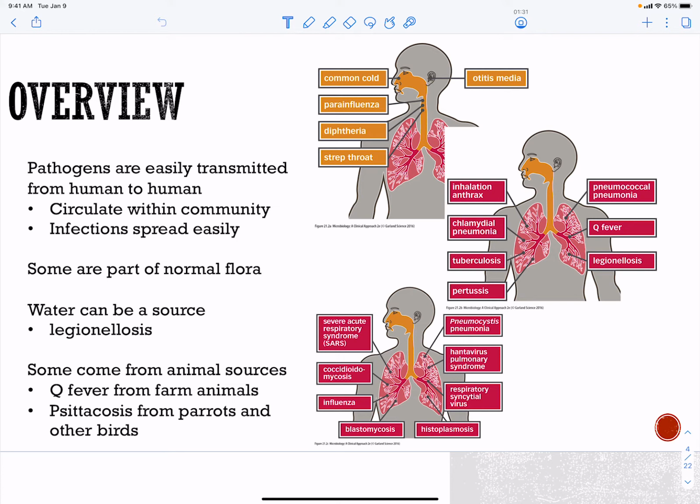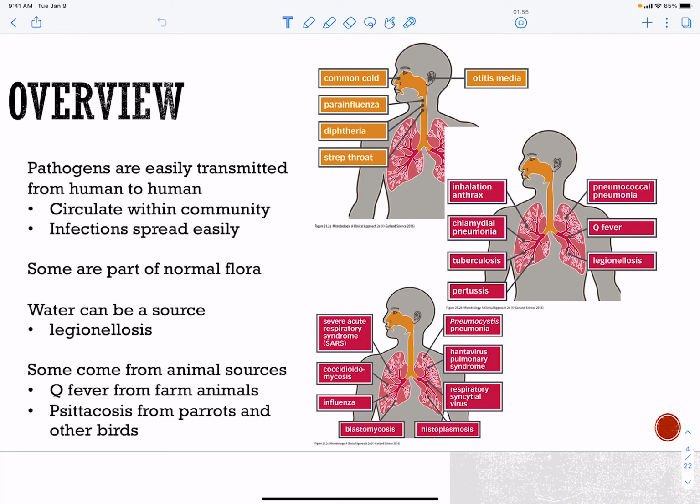So in our upper respiratory tract, you have infections that can lead to ear infections, otitis media. We have our common colds, our parainfluenza viruses, which most children are exposed to during the first years of life. We have diphtheria and strep throat as our bacterial infections. And there are other diseases of the lower respiratory tract.